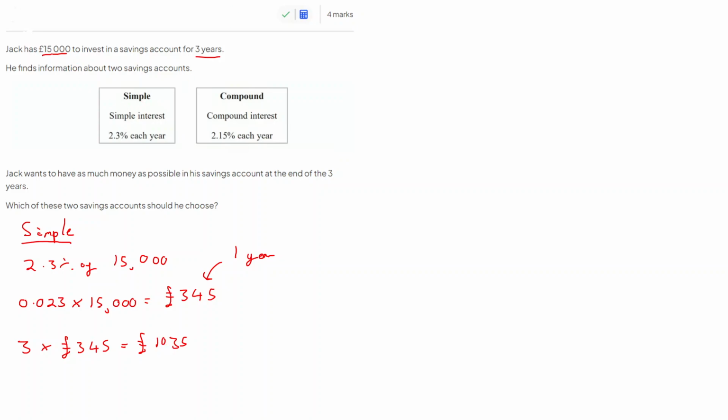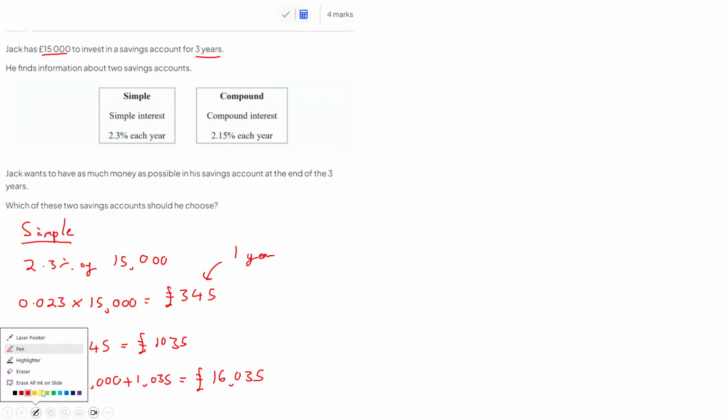In total, at the end of the 3 years, he's going to have £15,000, his initial amount, plus that £1,035, which is equal to £16,035. Let's make a note of that and highlight it. So that is simple interest after those 3 years.